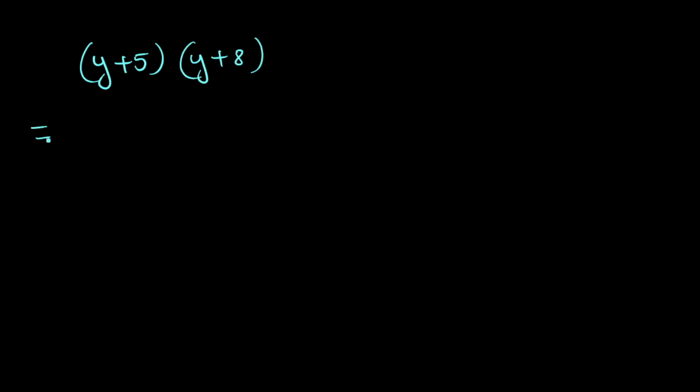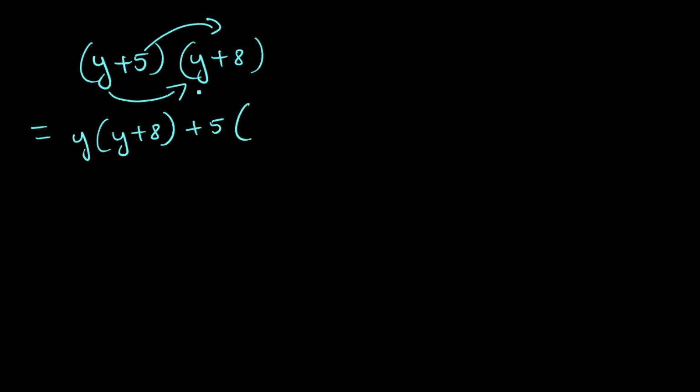In a problem like this, first we will distribute: y will multiply with the set over here, and the 5 will multiply with everything in this parenthesis. So first we have y times y plus 8, and then plus 5 times y plus 8.